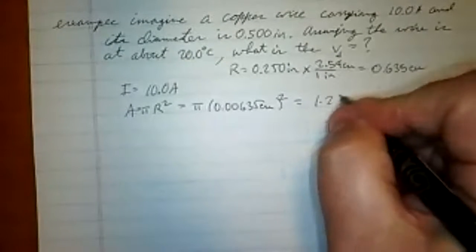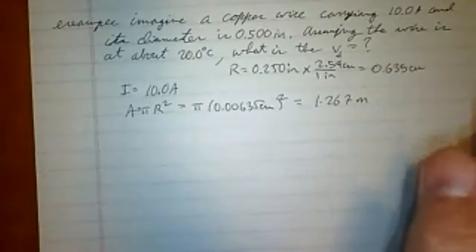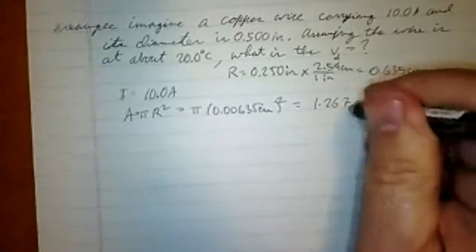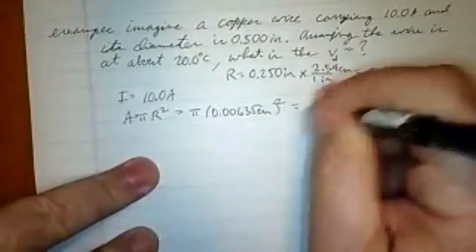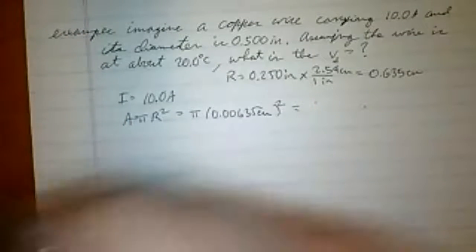That gives me an area equal to 1.267. Oh, no, it doesn't. I lost some zeros in that. That's 0.635 centimeters, sorry about that.